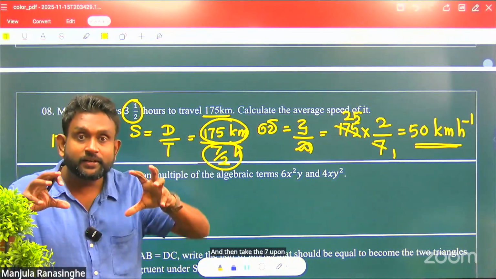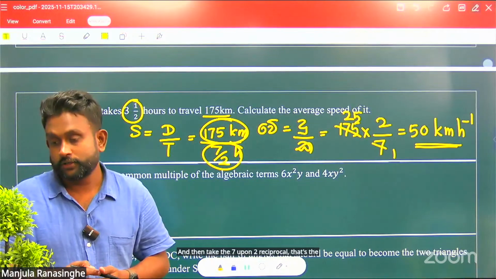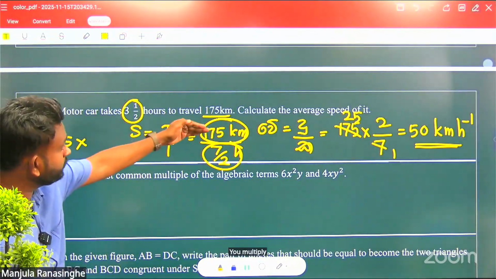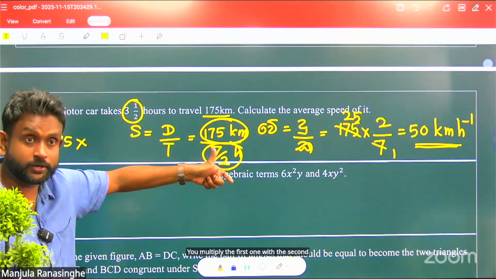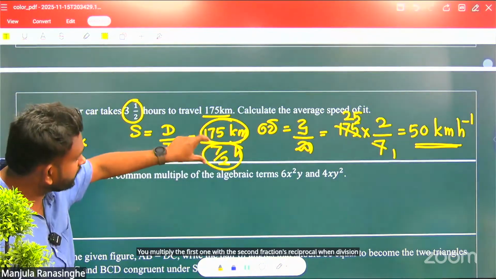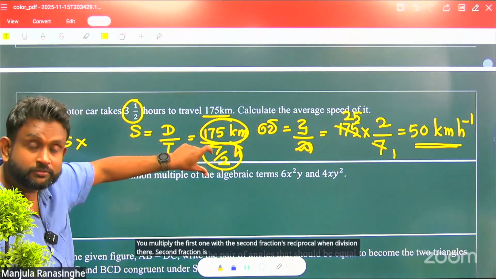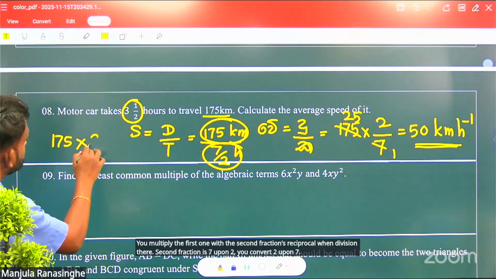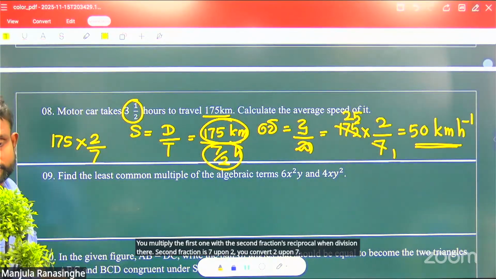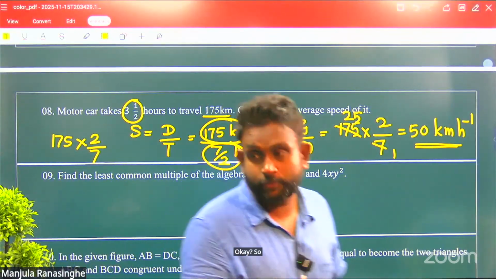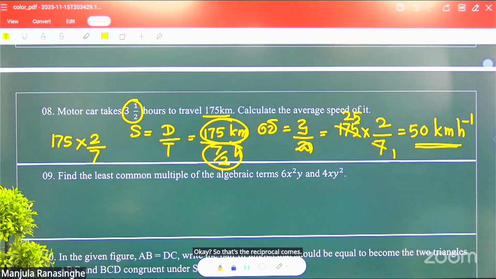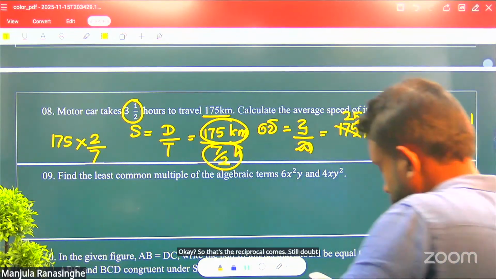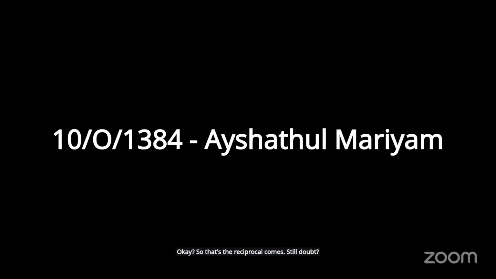That's the fraction division law. You multiply the first one with the reciprocal of the second fraction when dividing. The second fraction is 7 upon 2, you convert it to 2 upon 7. Okay, so that's how the reciprocal comes. Still doubt? No. Okay, clear.